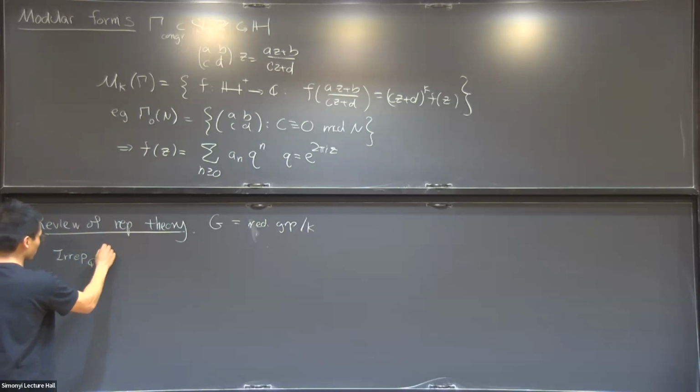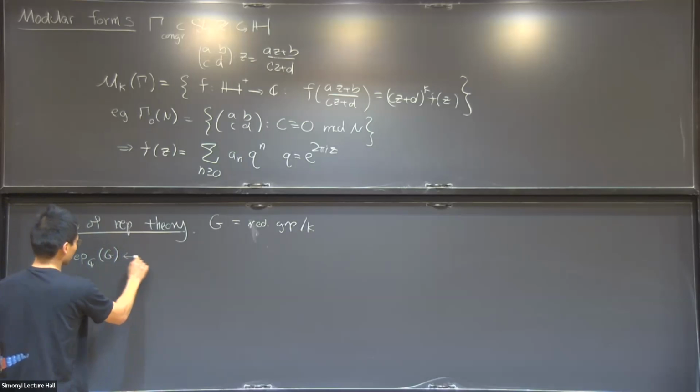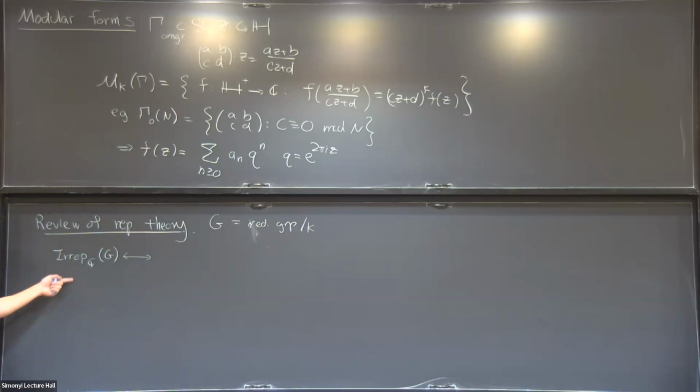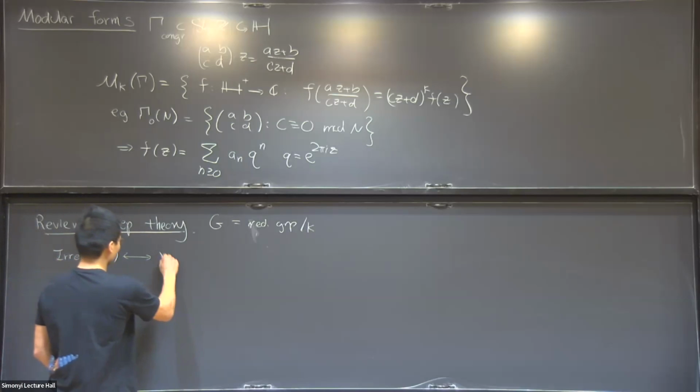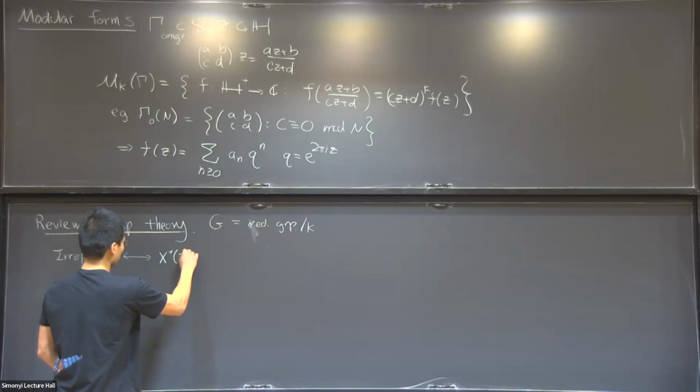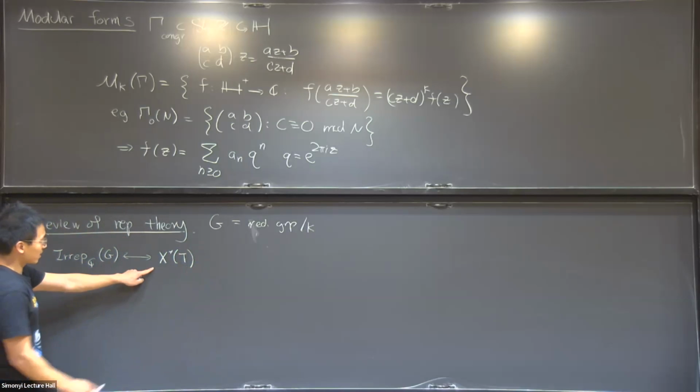So in characteristic 0, perhaps the theory is a little more familiar. And in that case, what one finds is that the irreducible representations are in bijection with the weights that are dominant.